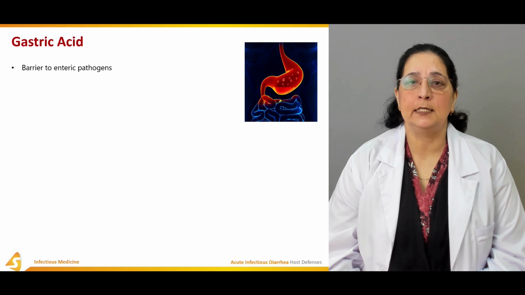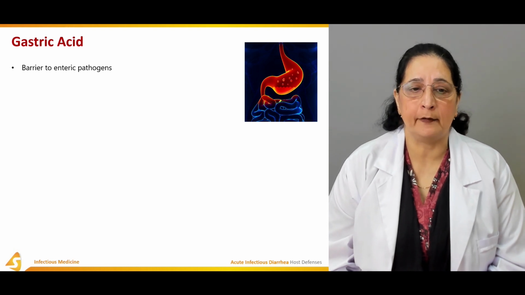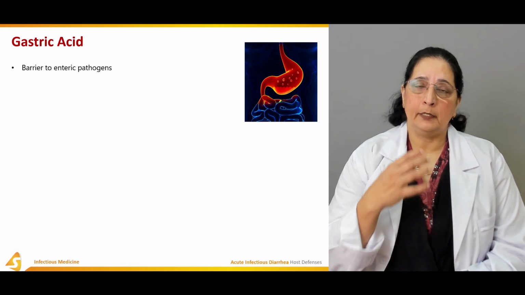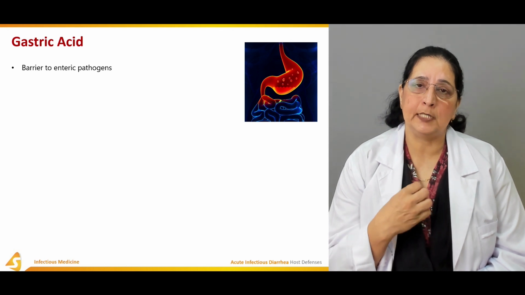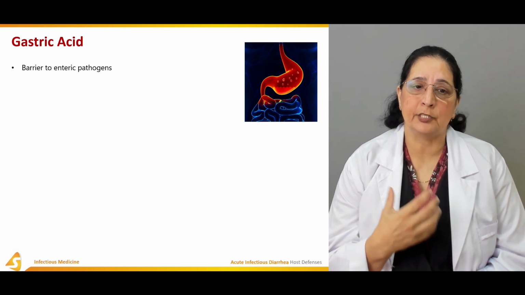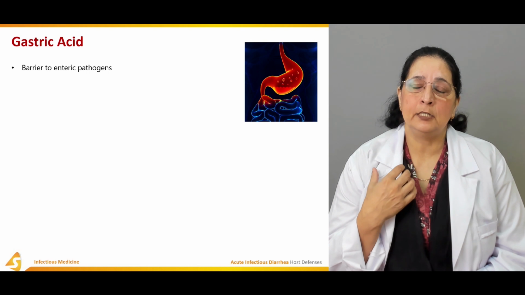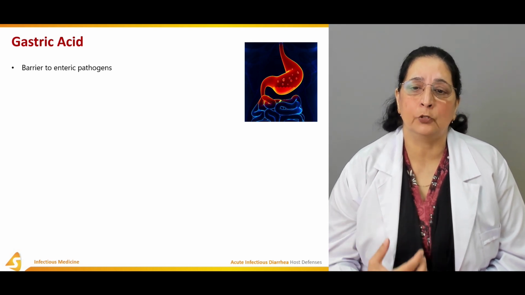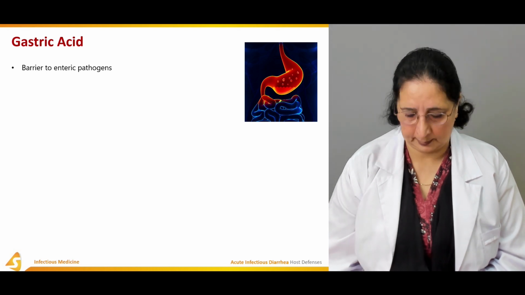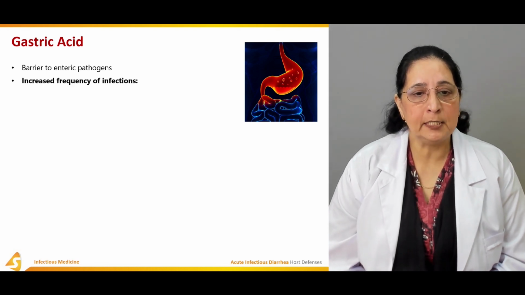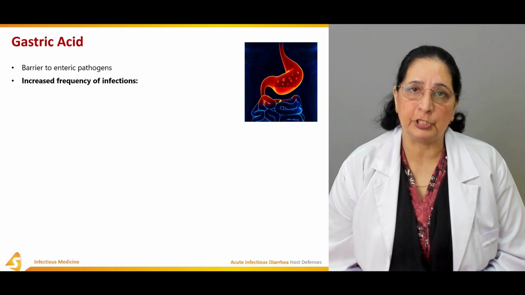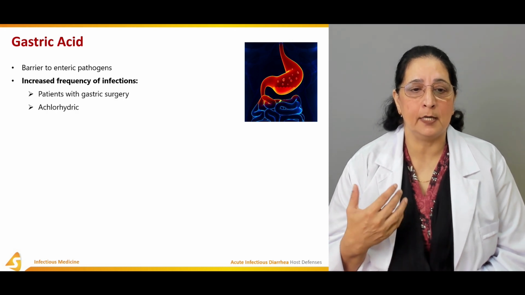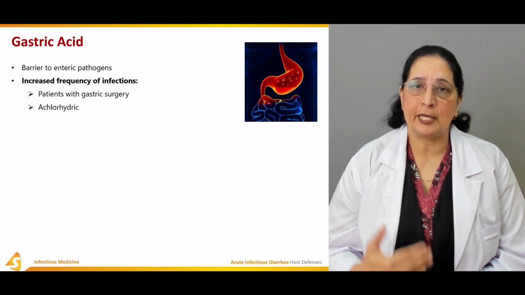Gastric acid is a barrier to enteric pathogens. The acid present in the stomach, that's gastric acid, is also a defense mechanism against pathogenic microorganisms. The frequency of infection increases if there is decreased gastric acid.